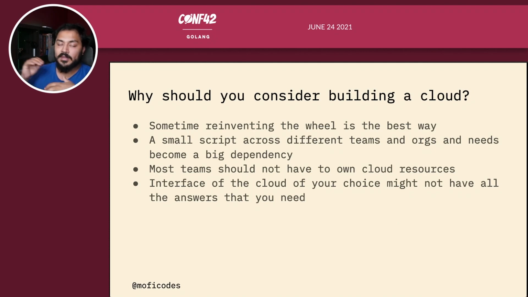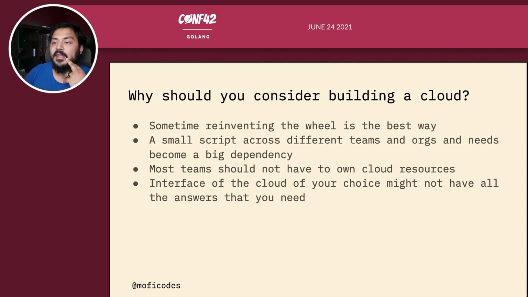If down the line you choose to move to a different cloud provider, all of a sudden a lot of the team members wouldn't understand how to translate that information between different clouds. If you were to create a simple interface that only lets people access the things that are approved, in a size that is approved, when you move to a different cloud, you just need to change that interface to talk to the different cloud, and your teams wouldn't have to worry about those kinds of changes themselves.